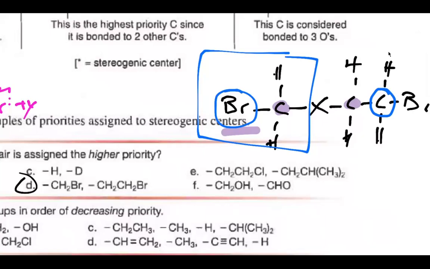I don't know if that's a good way to think about that. You're really just looking for a point of difference. When you compare these two carbons, those are my two carbons that are attached directly to the chiral center. They're the same, so I move to the next atom. In this case, it was a bromine.